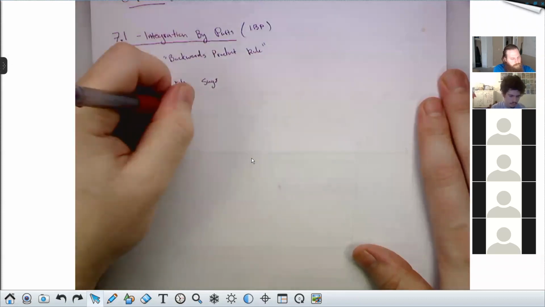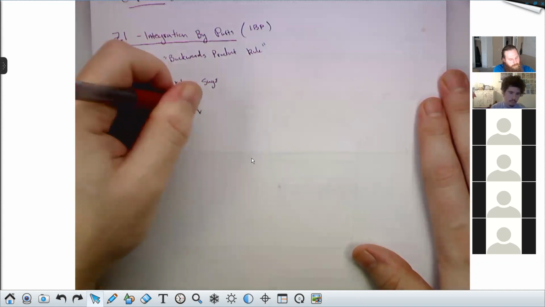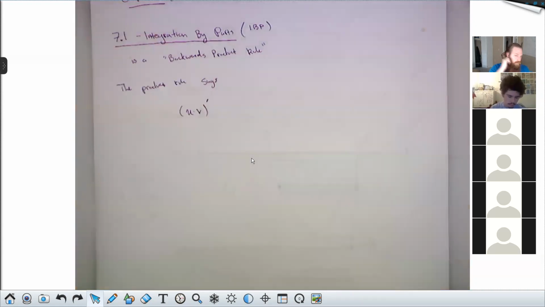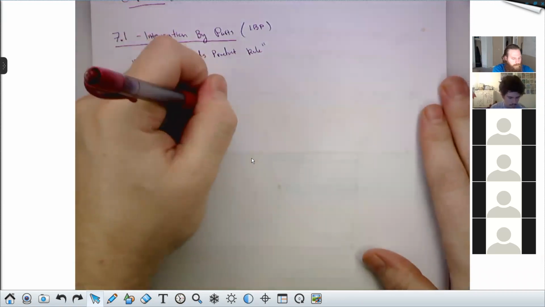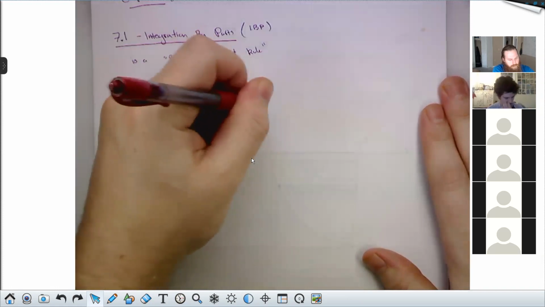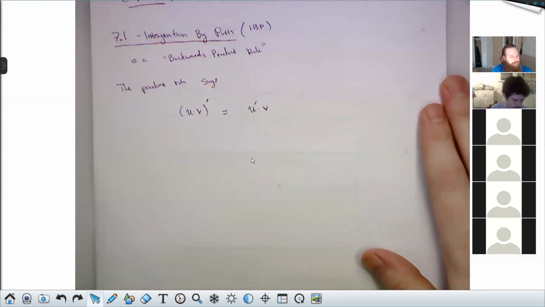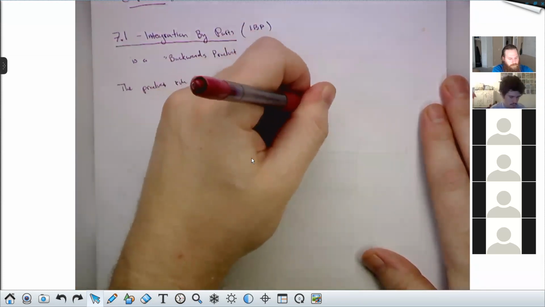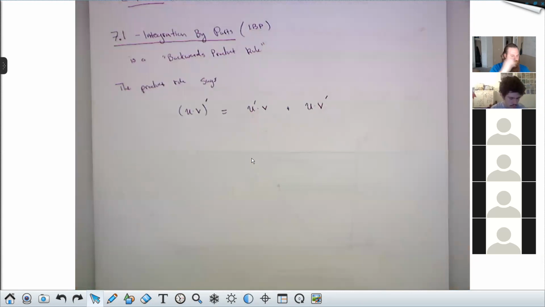The product rule says if I have two functions, u and v, and they're multiplying each other, and I want to prime them, so take their derivative, the way that's done is you differentiate the first and you leave the second alone. And then you add that to what you get when you leave the first alone and differentiate the second.